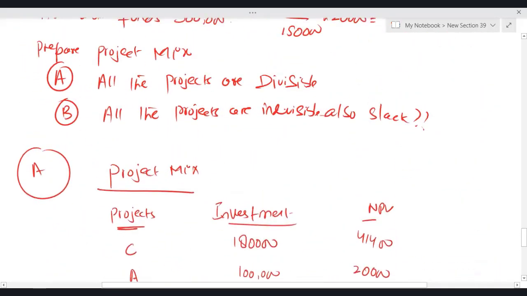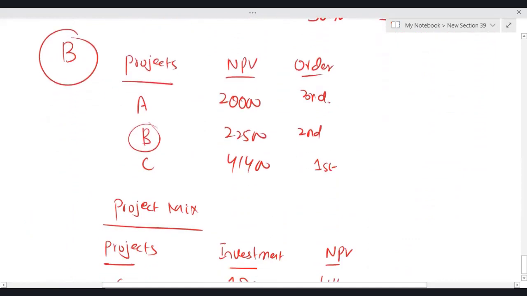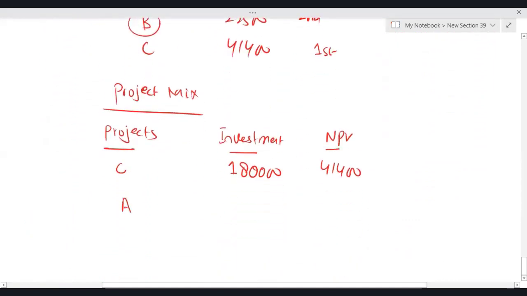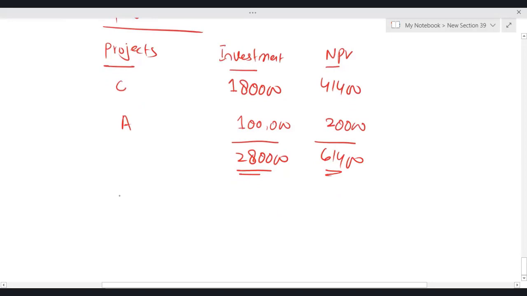So we will go towards A. Is that clear? It means we have invested 280, generating an NPV of 61,400. So what is the NPV per dollar invested?